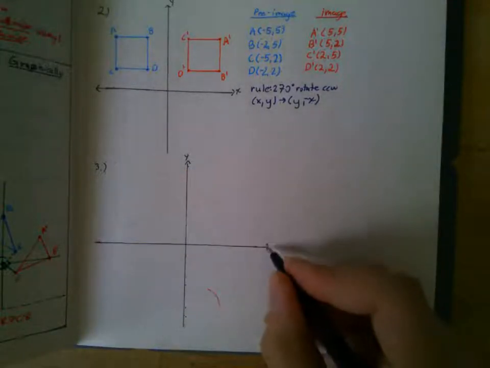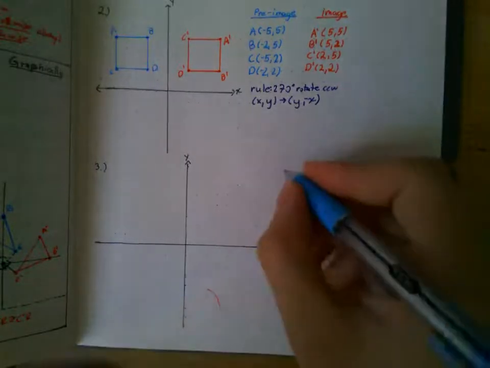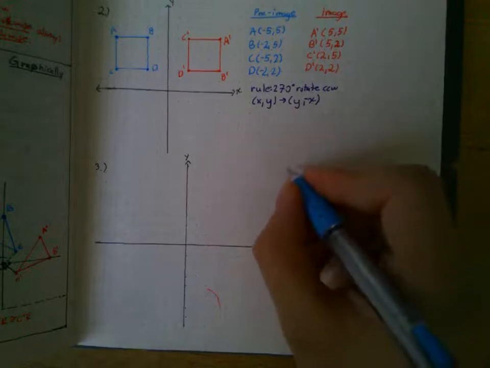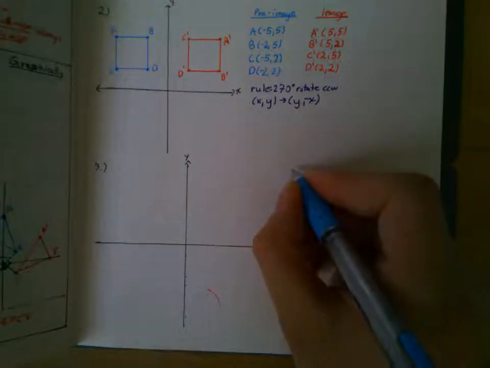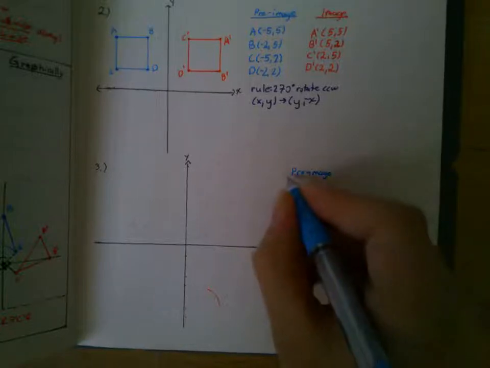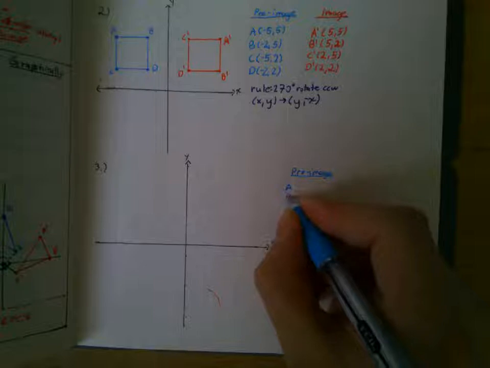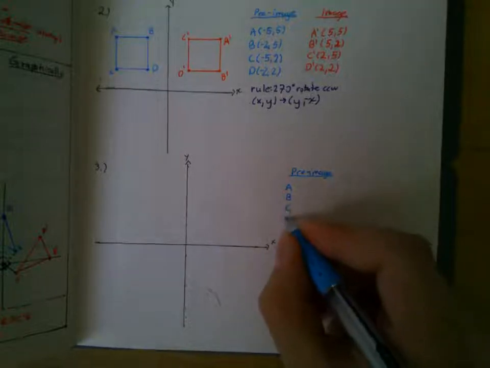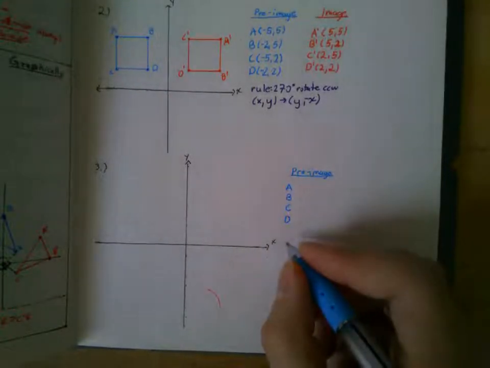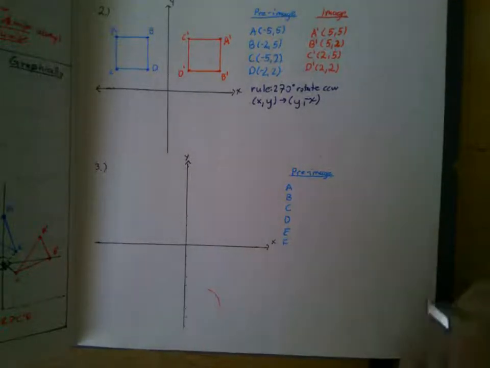So Y, X. All right, so our pre-image for this guy: A, B, C, D, E, and F. We need 6 points.